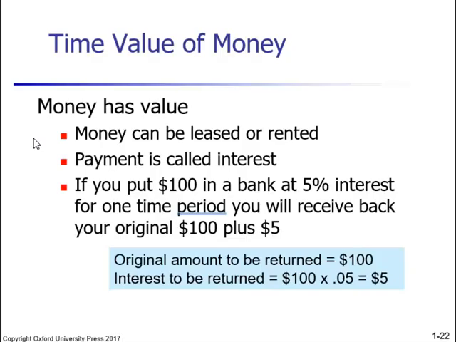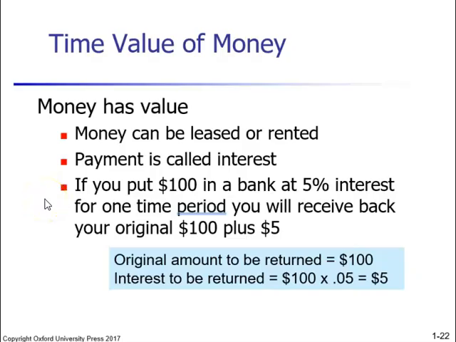Apart from the examples that we gave in the previous slides, here it says that money can be leased or rented. So the interest rate is in fact the cost of renting money, the cost of leasing money. It's that witty way of defining interest, and that payment is the interest.